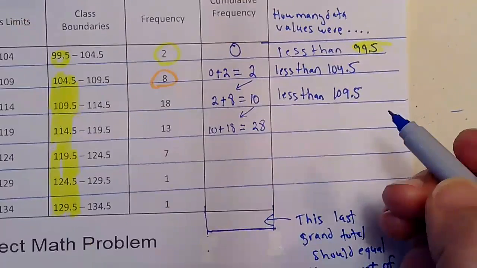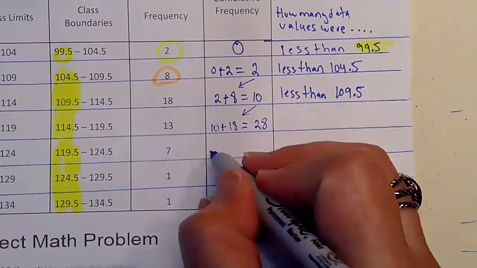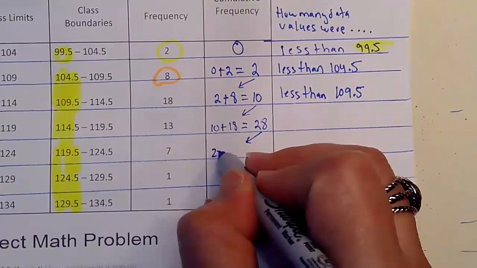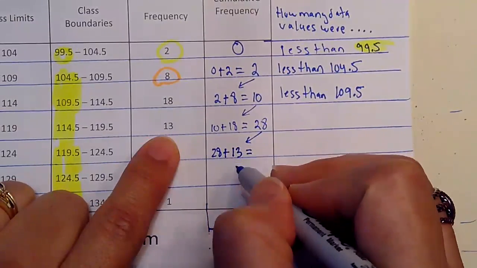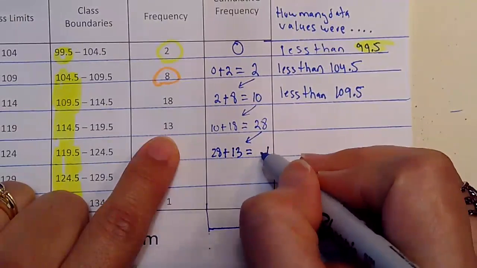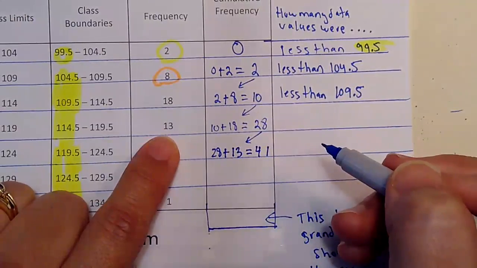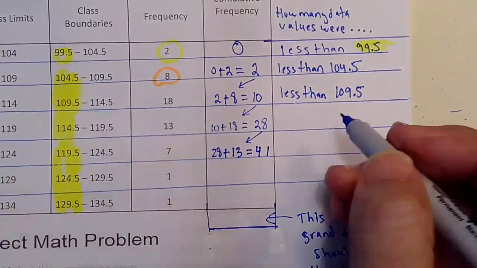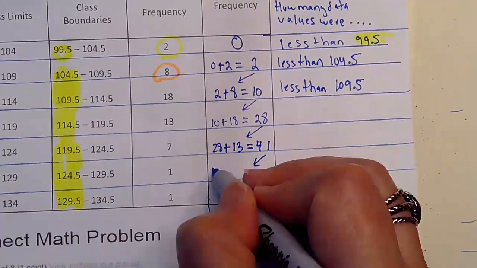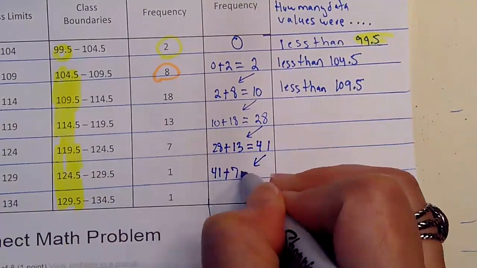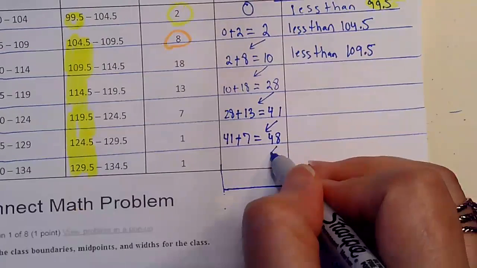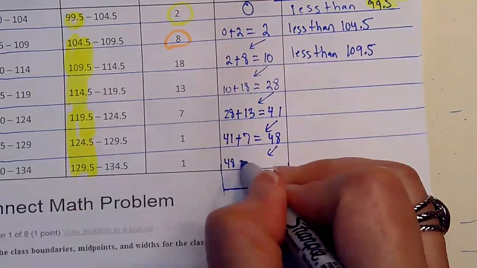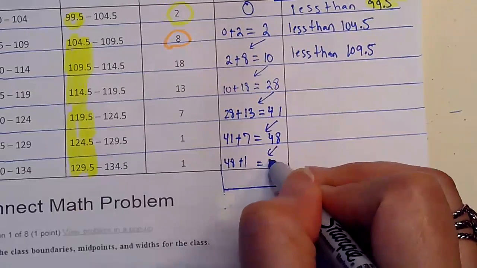Okay, and the next cumulative frequency will be 28 plus now this 13. Looks like that would be 41, right? Okay, next we would have 41 plus 7, which would be 48. And next we'd have 48 plus 1, which is 49.